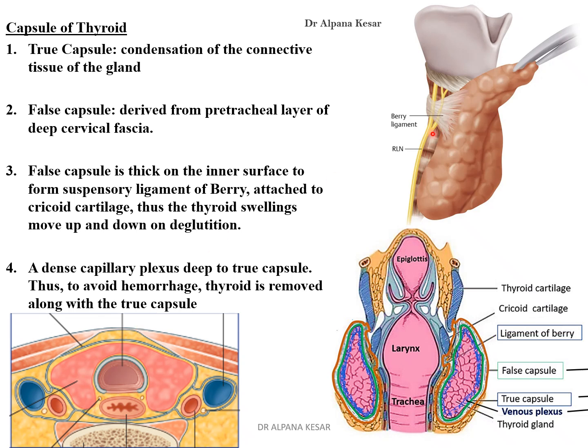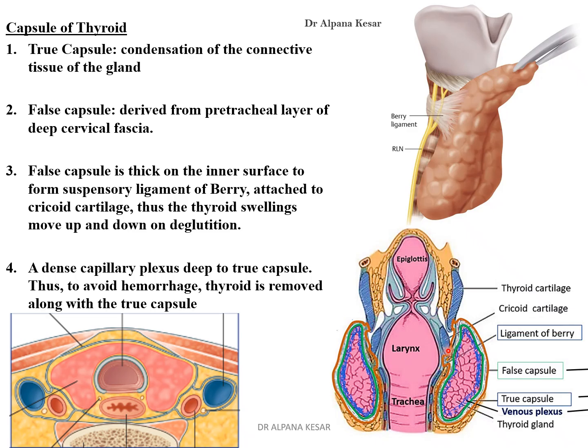The false capsule is thickened on the inner surface of the gland to form the ligament of Berry. Through the ligament of Berry, the thyroid gland is attached to the cricoid cartilage of the larynx. As a result, the thyroid gland swellings move up and down on deglutition because of the attachment of the thyroid gland to the larynx.